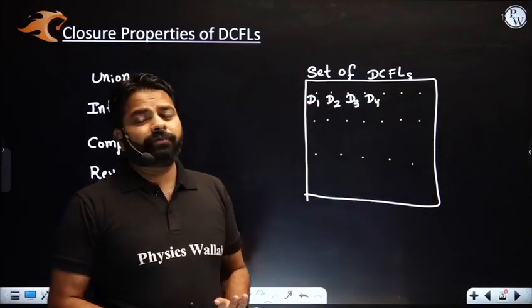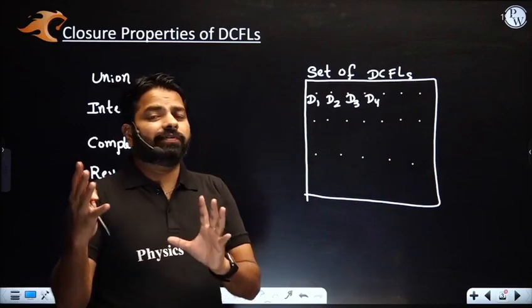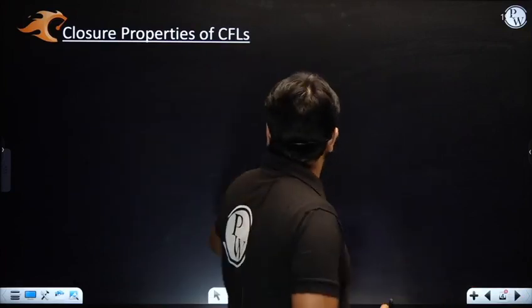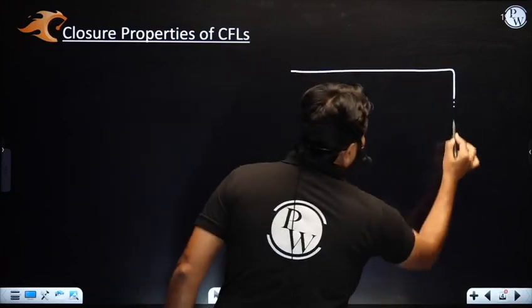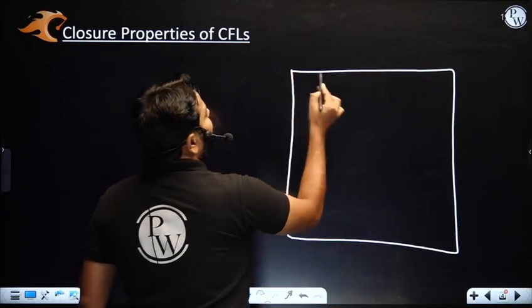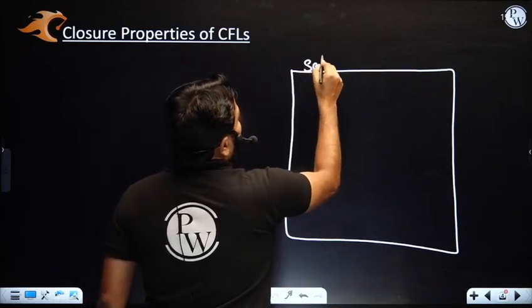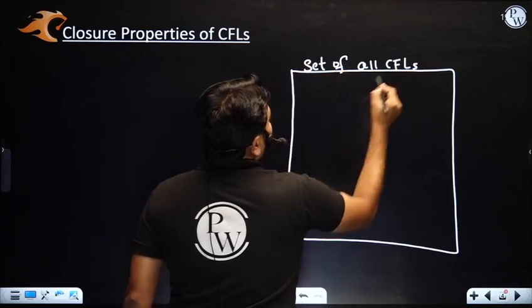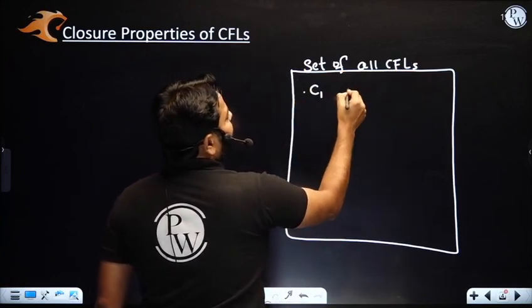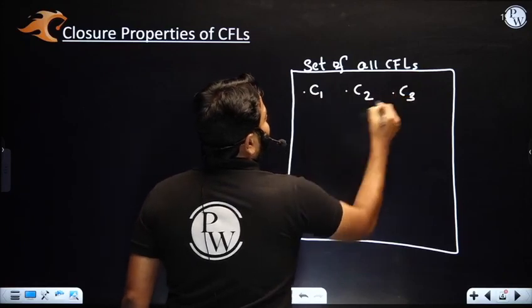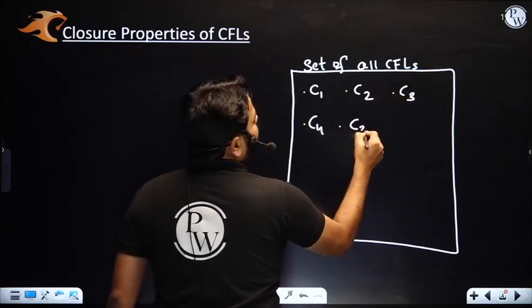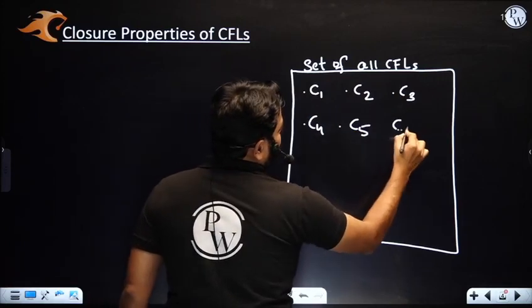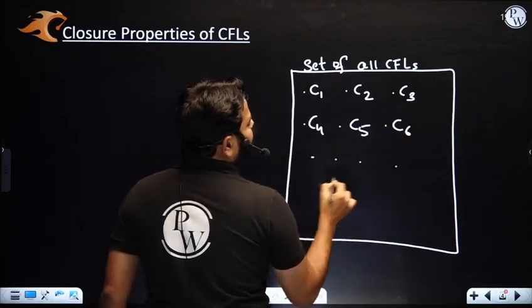Not only for this domain, we will also see it for context-free languages. When we talk about context-free languages, the domain is different: it is the set of all context-free languages over sigma. Here you will see context-free language 1, context-free language 2, and every DCFL also comes inside, and so on. How many CFLs are there?